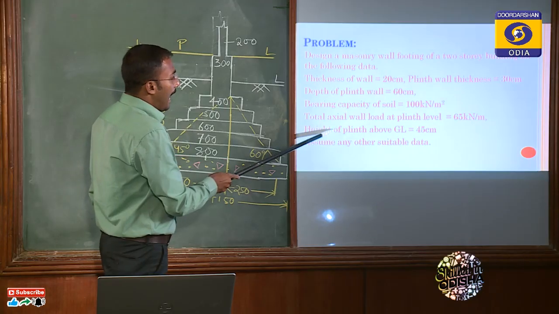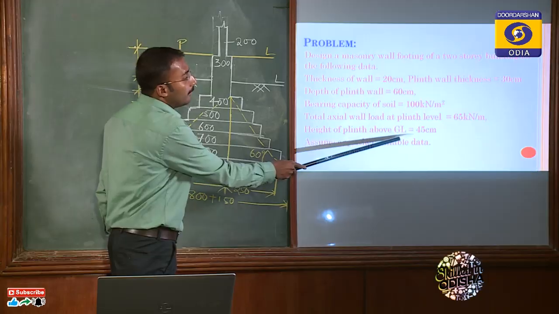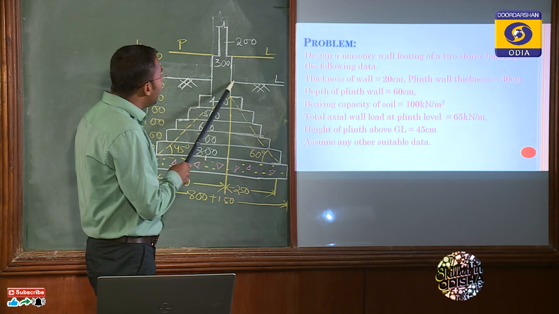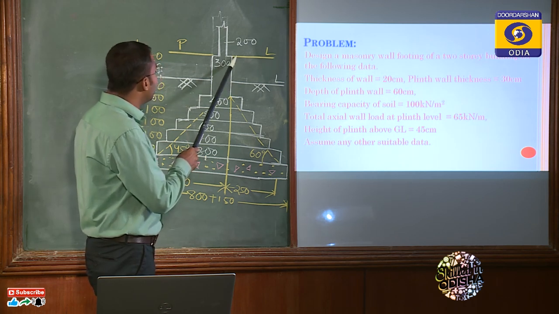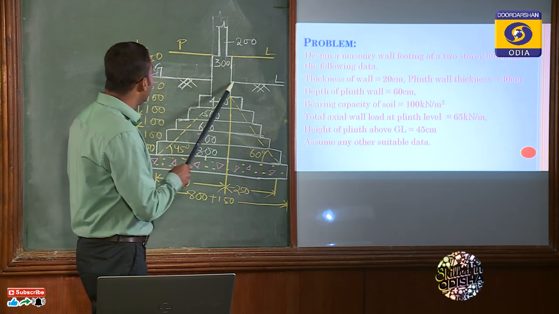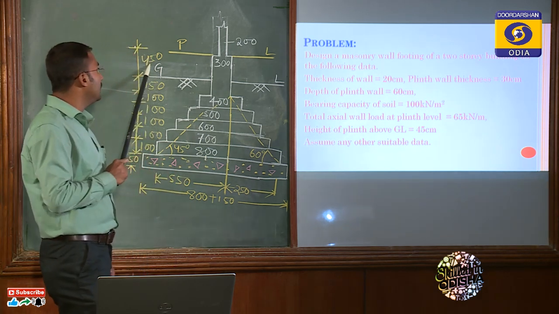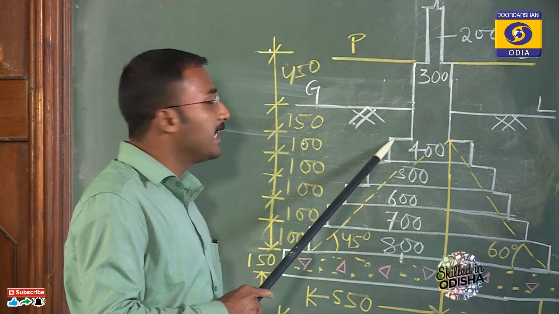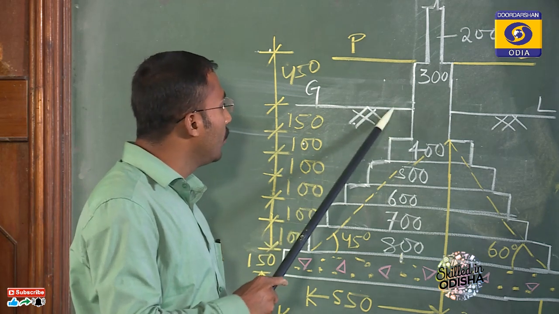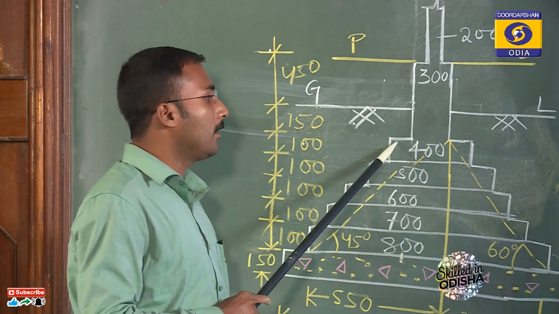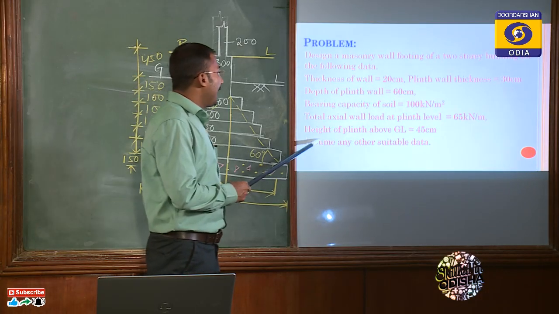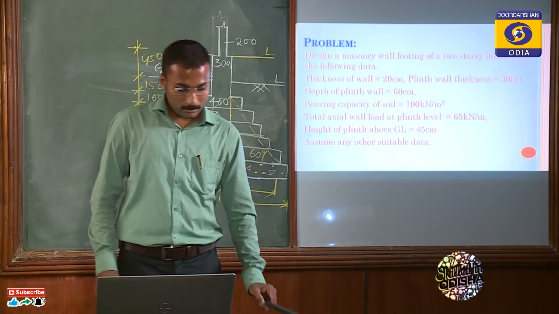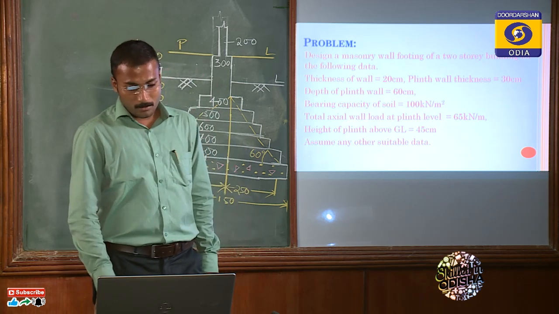The height of the plinth wall above ground level is 45 centimeter, that is 450 millimeter. The total portion is 600 millimeter, so this portion will be 150 millimeter. And assume any other suitable data. Whatever data we need for the calculation of this problem, we can assume.